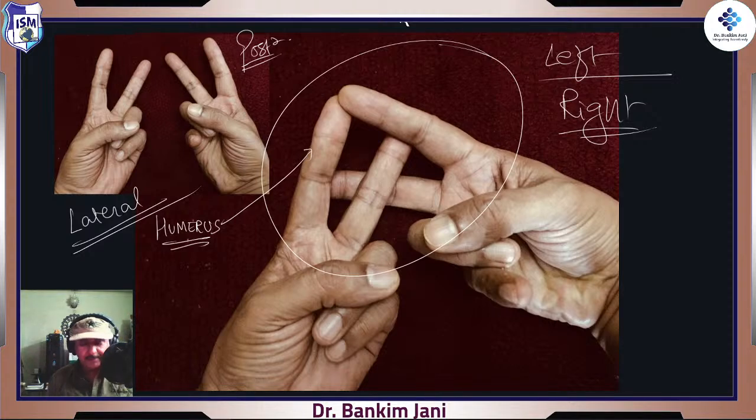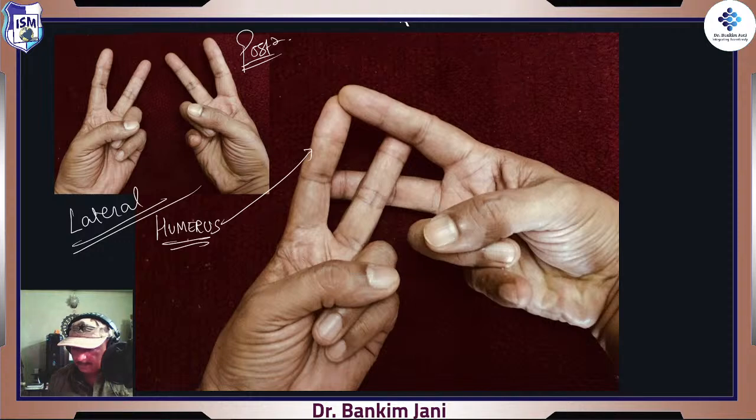True, because when the humerus is over here and you are watching from the posterior side, it has to be the left side. From the back, correct. That's right. Good, very good.